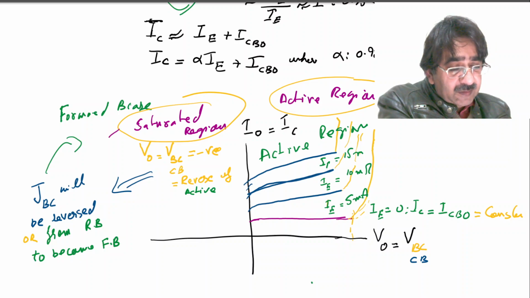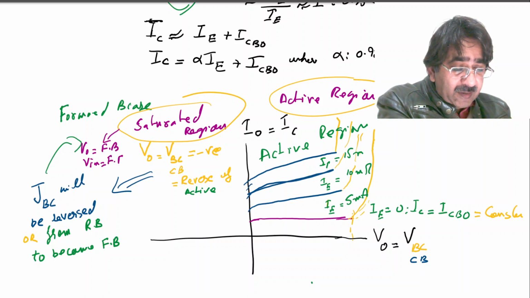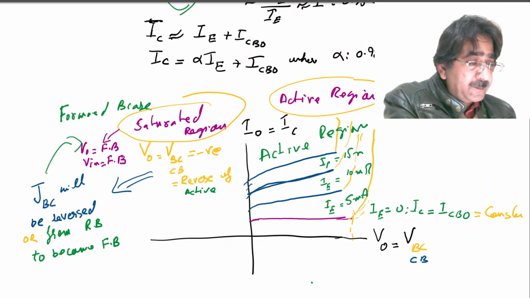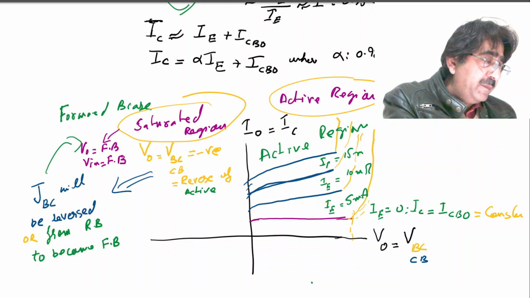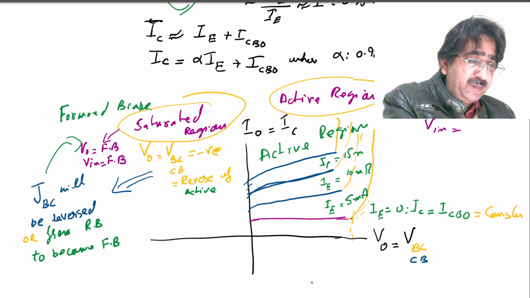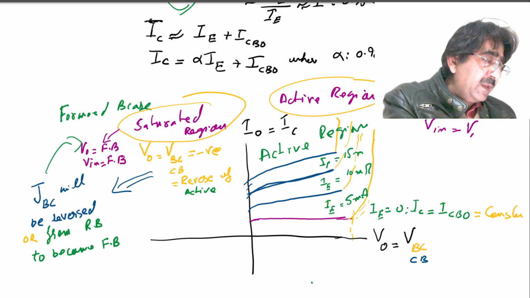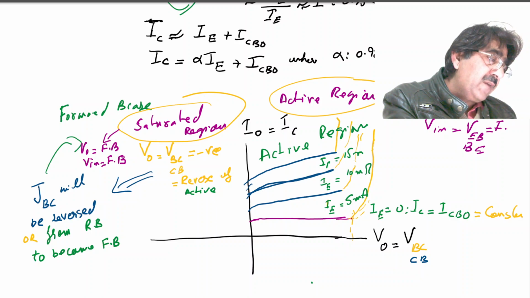Why is this active? Because V out will be reverse bias, and V in will also be already forward bias. In this region, V out, which is VBC or CB, will be a reverse bias, and V in is already forward bias, that will be VEB or BE, which is a forward bias.